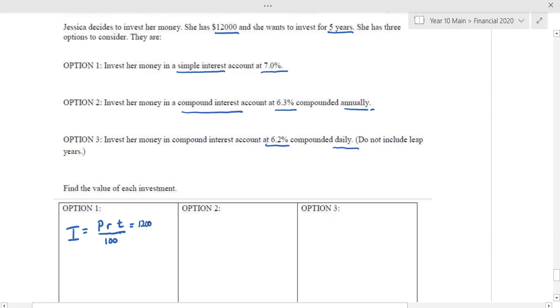So 12,000 times the rate, it's 7%. The rate's different for each of them, and we're looking at over 5 years. Okay, 12,000 times 7, 84,000 times 5. You can use a calculator, but I'm looking at 420,000 divided by 100.